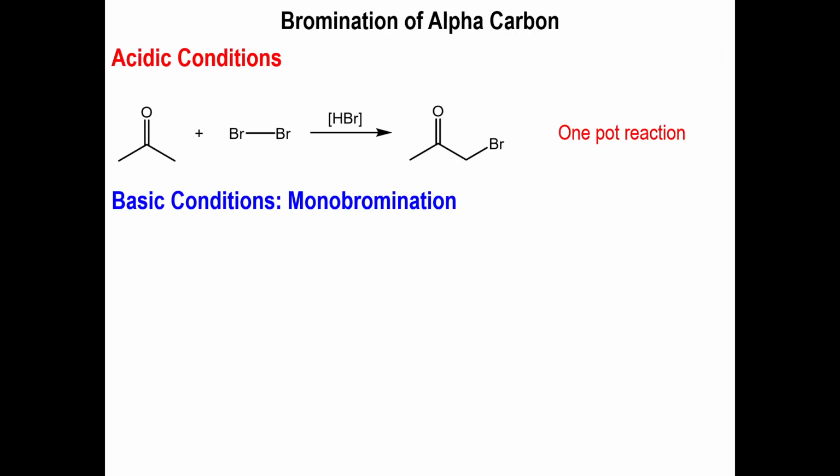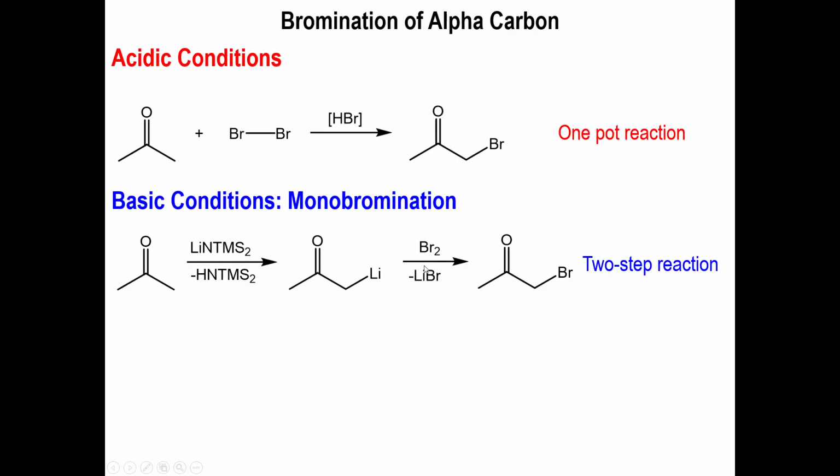And the way you do that is by mixing your ketone or your aldehyde with a very strong base, strong enough that it can completely remove all the alpha protons. So in this case, I'm depicting right here the protonated amine base, a bulky one. This is lithium hexamethyldisilazide, to be exact, which is a very strong base.